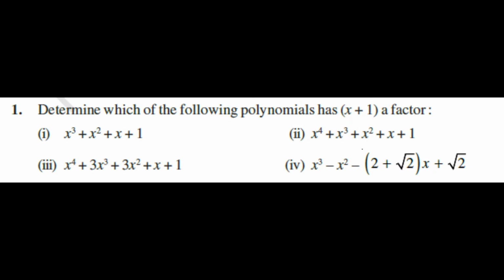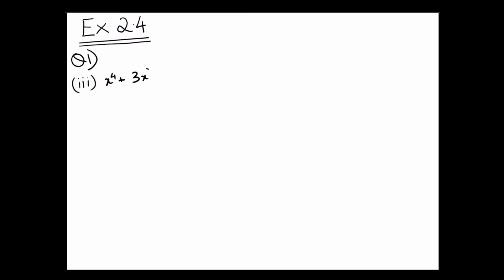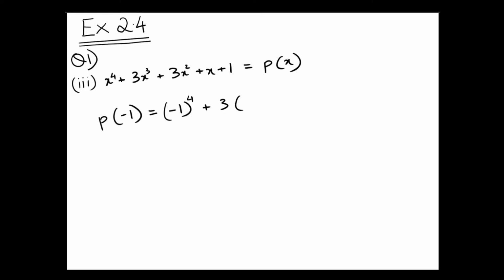The third part is x to the power 4 plus 3x cube plus 3x square plus x plus 1. Here again, in order to check whether x plus 1 is a factor of this given polynomial, we'll calculate the value at p of minus 1 and we'll check whether the remainder is 0.